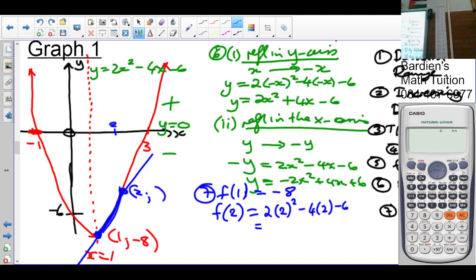Alright, so what do we get? Negative 6. Okay, so what's the coordinate? That coordinate we know is 1 and negative 8, and this coordinate would be 2 and minus 6.